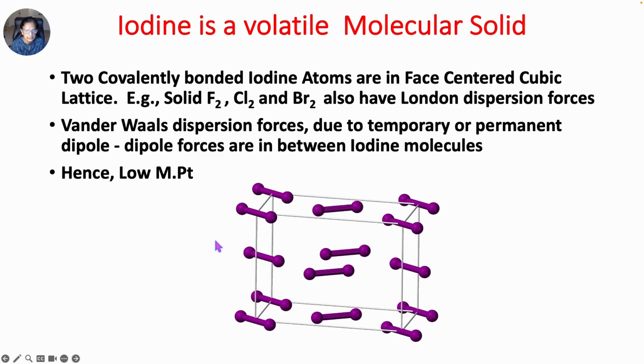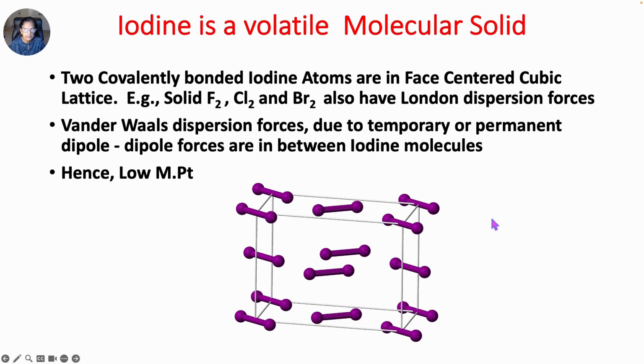For example, let's see the structure of iodine. It's a face-centered cubic lattice. This is a cube, and in the corners of the cubic lattice are iodine molecules. This is one I atom, this is another I atom covalently bound. And in the center of the face also you will find one iodine molecule here, and on top in the center of the face another here, on the right and left and bottom and back side also, in the center of the faces you will find iodine molecules.